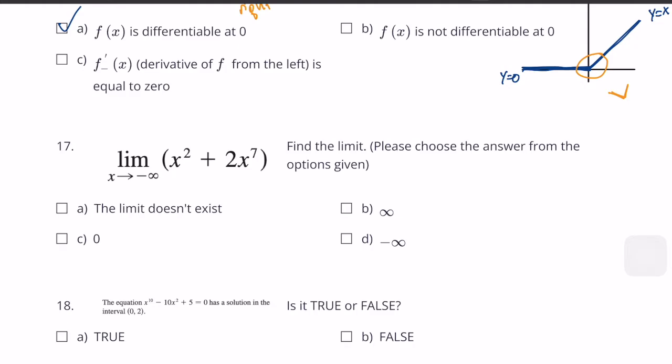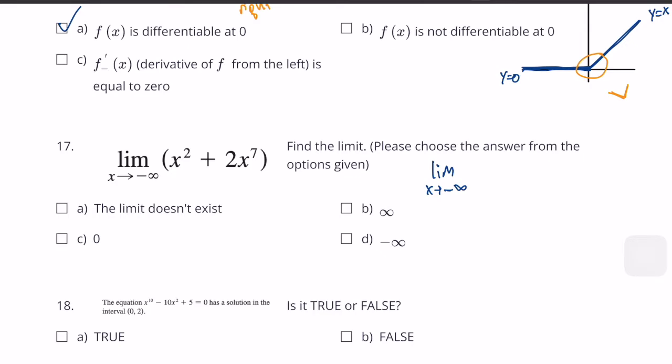Okay, number 17. Find the limit. If you check the limit, and if we are trying to take some imaginations, actually, is there a limit there?